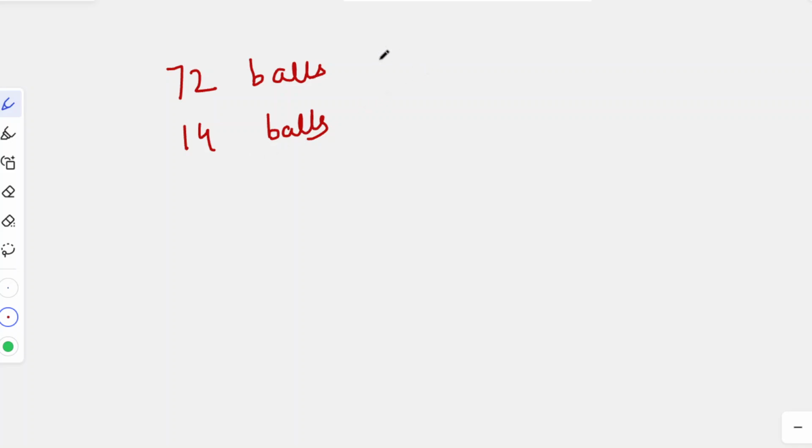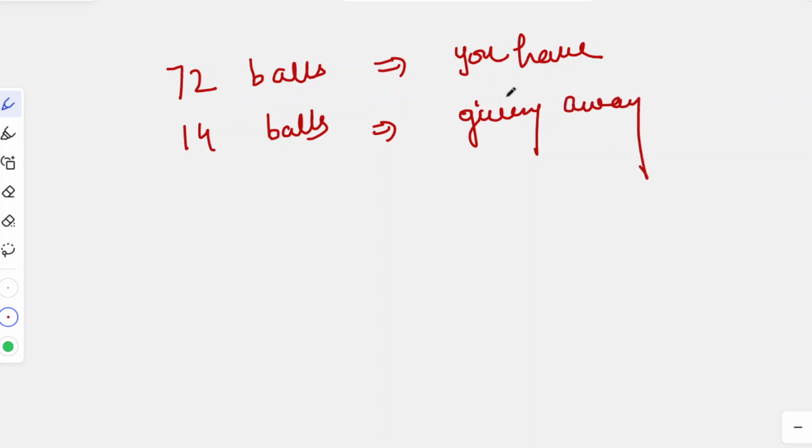When we are dealing with small numbers, we can always draw them and use our fingers to count, right? But it's not possible when we are dealing with big numbers. Then what do we do? So 72 balls is the number that you have with you. 14 is the number that you are giving away. And we need to find out how many are left.